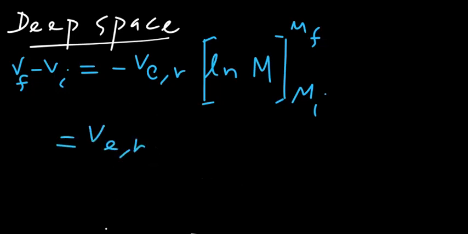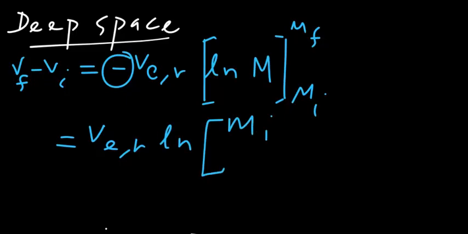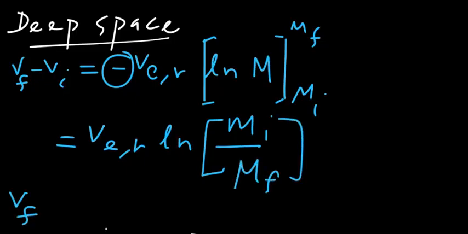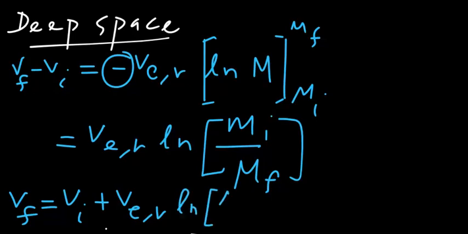And rearranging the terms and noting the negative sign there, you see it becomes natural log of M_i over M_f. So the final speed of the rocket equals the initial speed plus the speed of the gas with respect to the rocket times the natural log of the initial mass of the rocket over the final mass of the rocket.